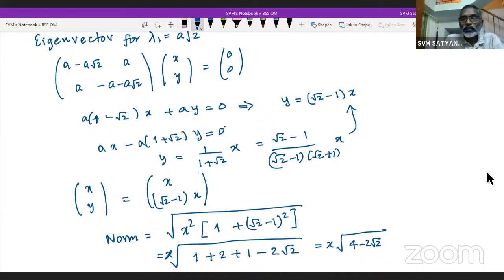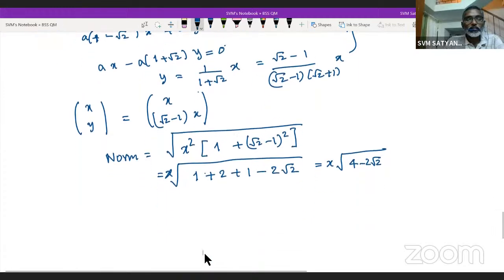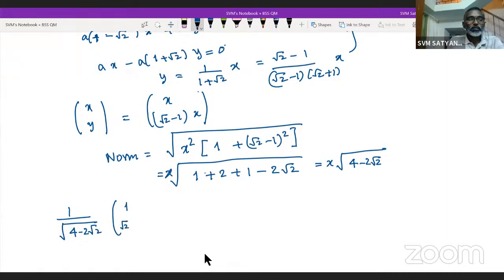So one of the eigenvectors is the following: 1 by square root of (4 minus 2 root 2) into (1, root 2 minus 1). This is the eigenvector V1 corresponding to lambda 1 equal to A root 2.